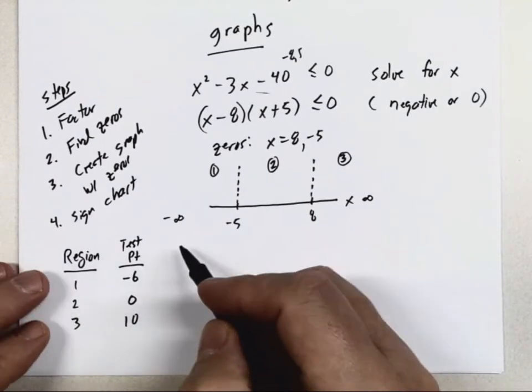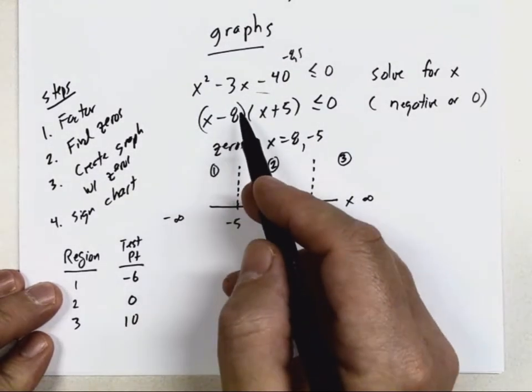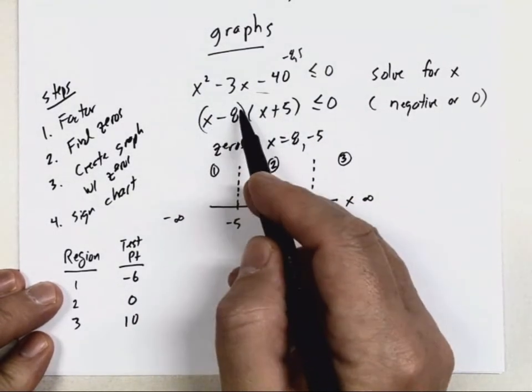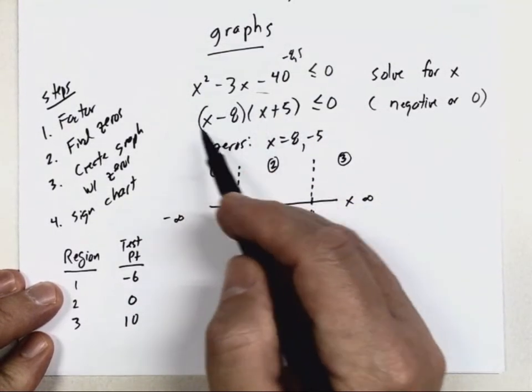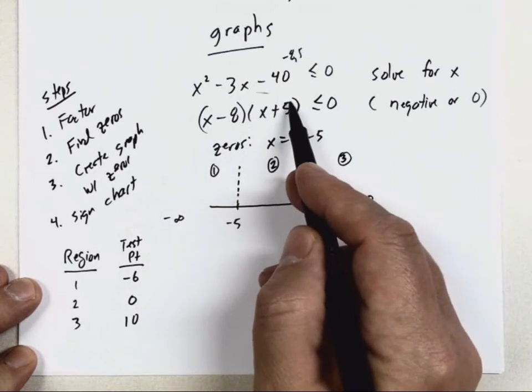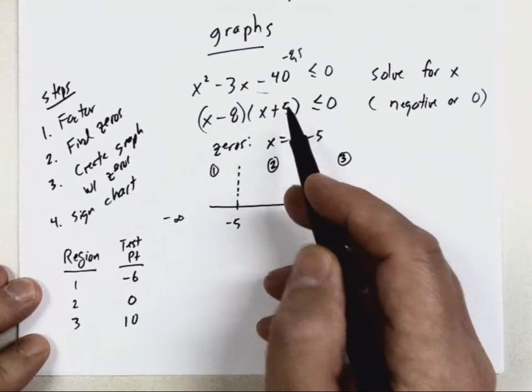Now, the next column, I go back to my factored expression and I write down each factor one at a time. Right? Factors are things you multiply. So this parenthesis is a factor, this parenthesis is a factor.